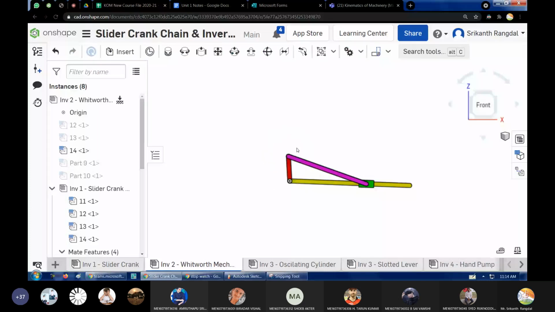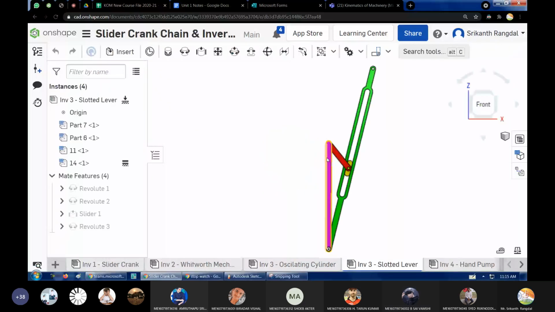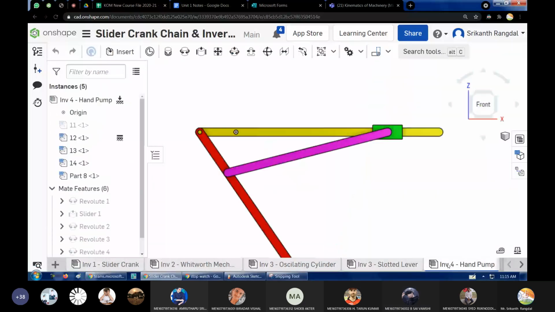Red link was fixed in the second case. And in the third case, which link is fixed? Pink link. So in both these cases, pink link is fixed. So which link is left now? Green. Green is the only one left. Okay? So green link here is fixed.